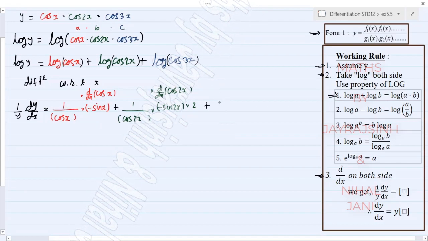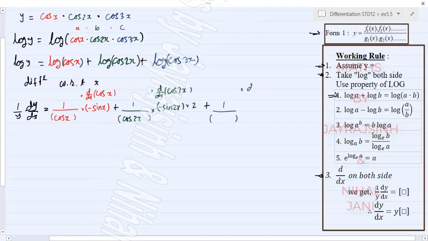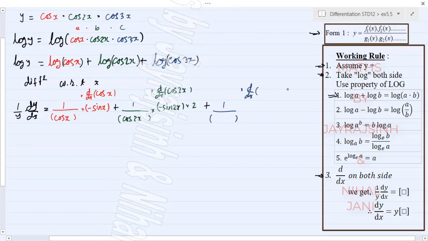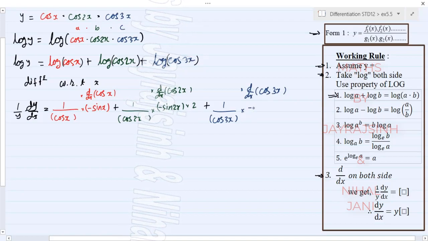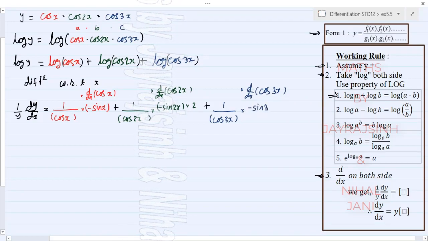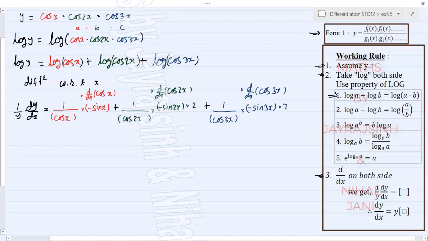Differentiation of log box is again 1 upon box into d by dx of box. Within the box we have cos 3x, so differentiation of cos 3x is minus sin 3x into the coefficient of x, which is 3.